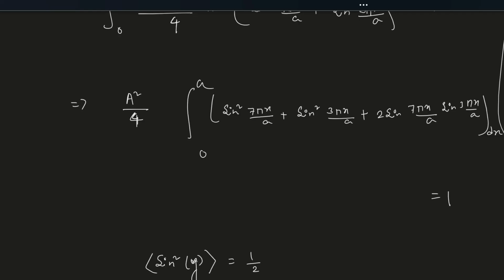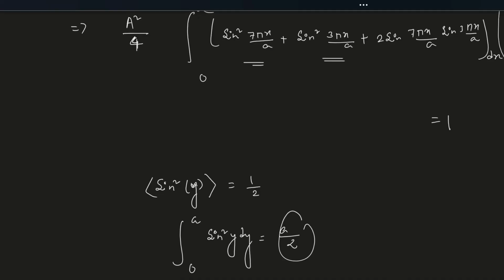But in any other limit, let's say 0 to a, of sine squared y dy, you will get a by 2. So the whole period it covers by 2. So basically this integral of sine square will give you a by 2 directly. Similarly, this is also a sine square, so it will give you a by 2, because remember the integration limit is from 0 to a.